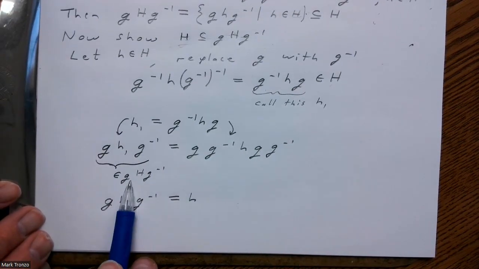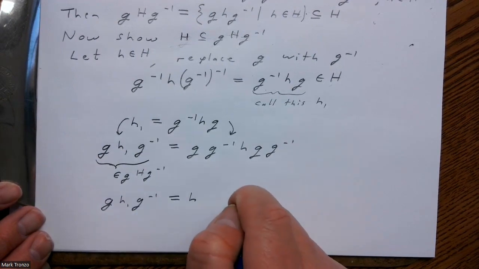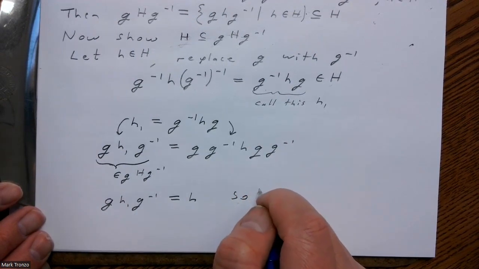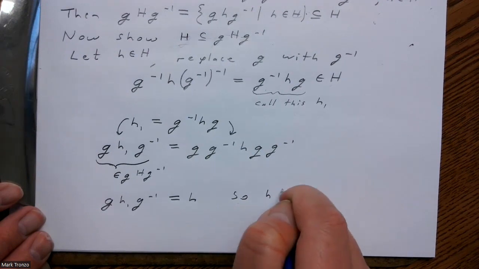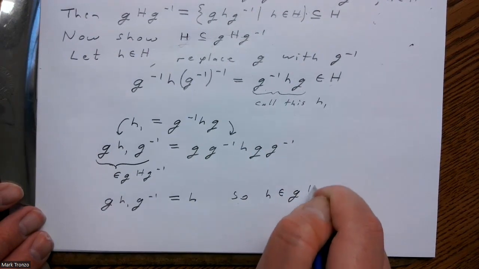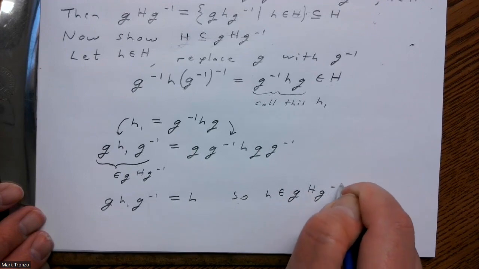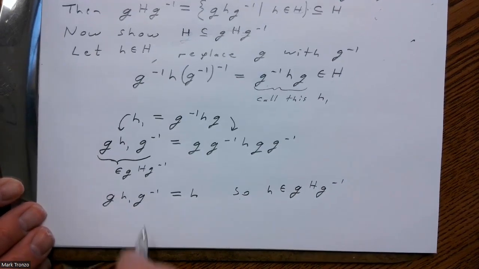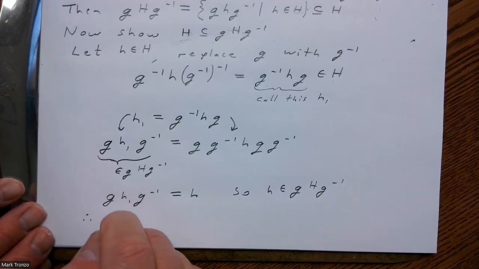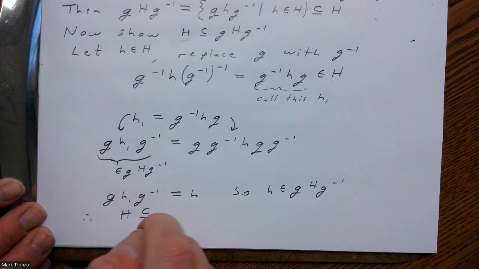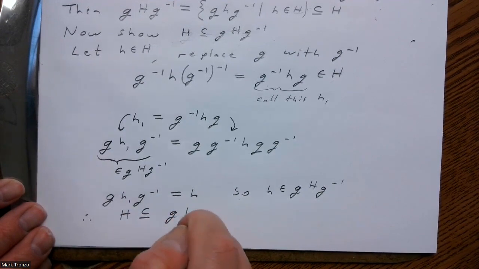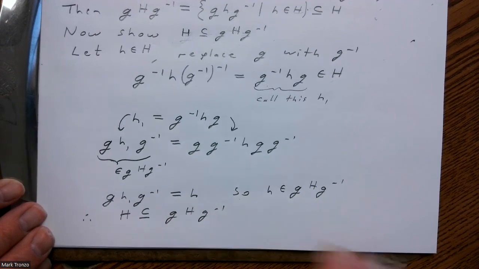And so now, since this was in GHG inverse, so h is in GHG inverse. Therefore, H is a subset of GHG inverse like this.